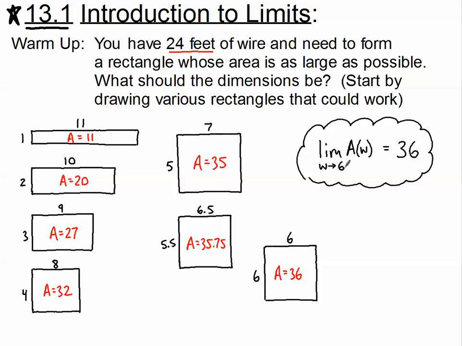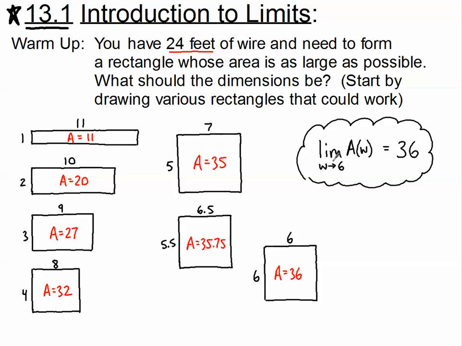And on the other side of the width, if we start with the largest width, which was 11, again, that happens to give us our smallest area. And if we start decreasing our widths, from 11 to 10 to 9 to 8 to 7 to 6.5 to 6, we can also see that the areas are getting closer to our final answer of 36. So that's what a limit is.